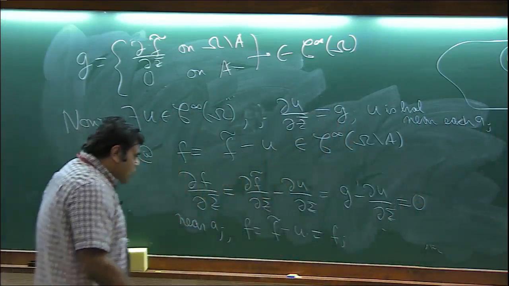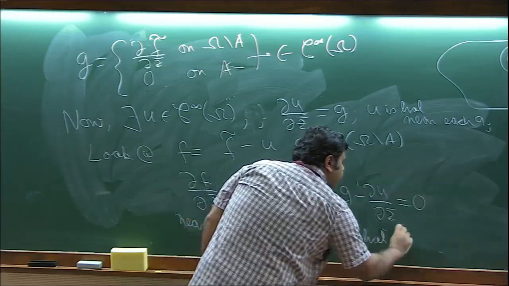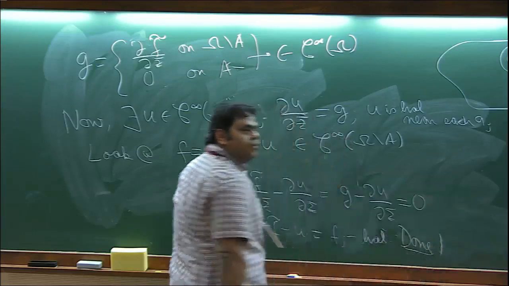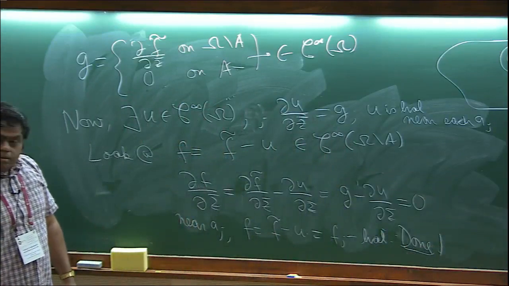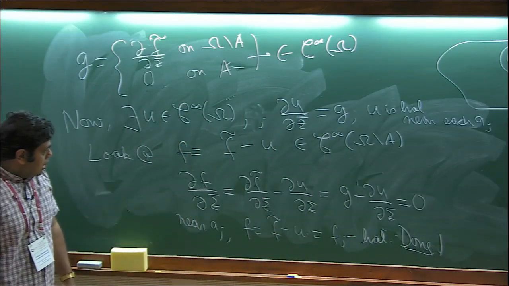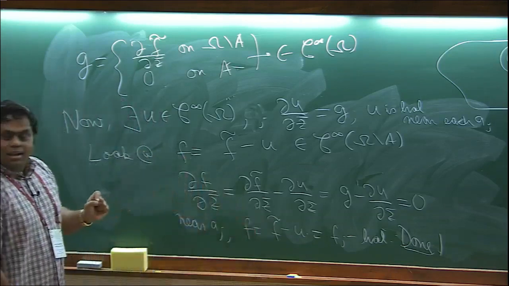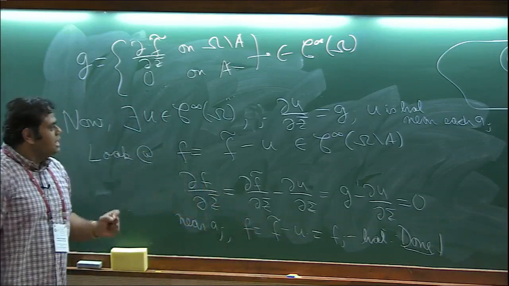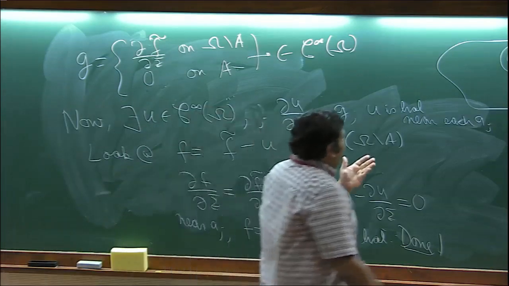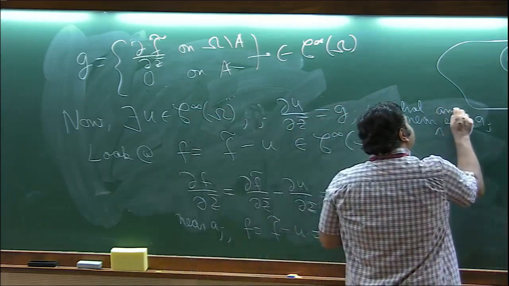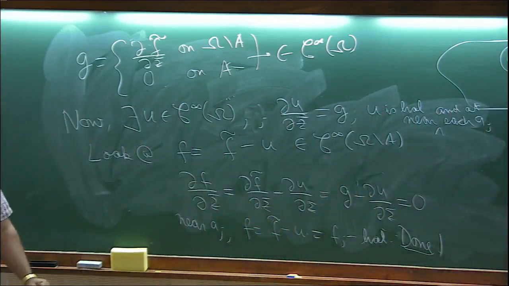Okay? So, and we are done. Yes, u is holomorphic, including at the point aj. Yes. F tilde is already a solution. So this u is holomorphic near and at each aj. Yeah. Thank you. Is that clear?